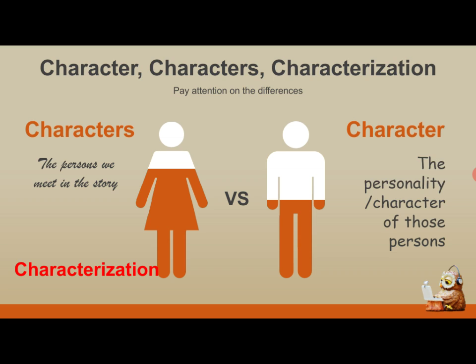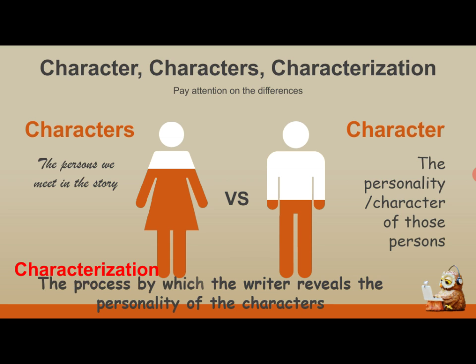The character is the personality of those persons, which we call watak. And characterization is the way it is delivered to the readers, the process by which the writer reveals the personality of the characters. That's characterization, or penokohan.